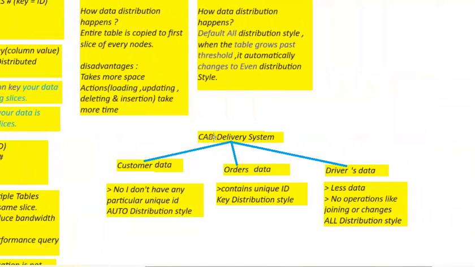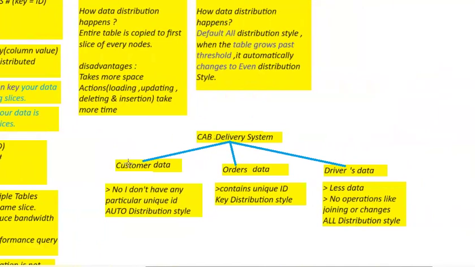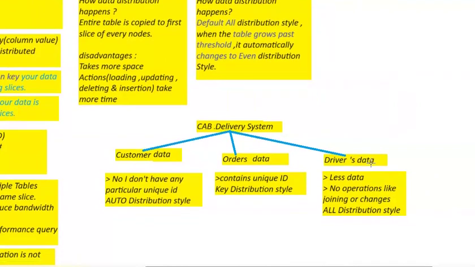If you consider a food delivery system also, the same thing will be there. Customer data needs to be maintained, and food orders data or food booking data needs to be maintained, and the data of the drivers who deliver that food needs to be maintained. Like this, our data will be distributed in that food delivery application also among my Redshift database cluster.